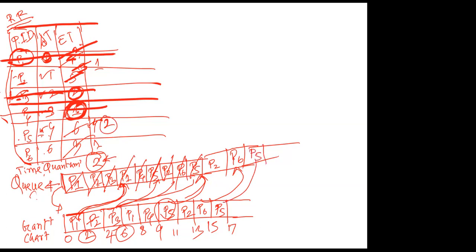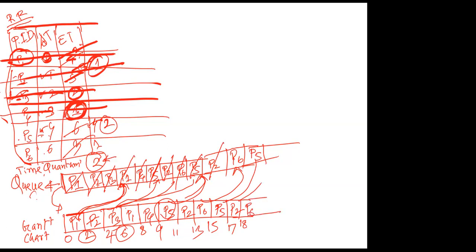Next, which process? Process P2. Process P2 needs one time unit, so it will be 18, and it completes its execution. It is done. Now we have P6.